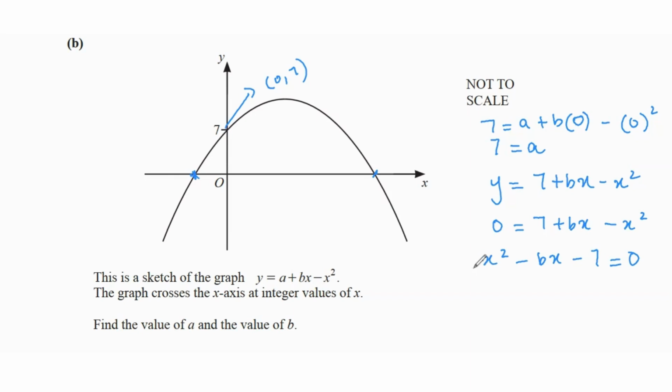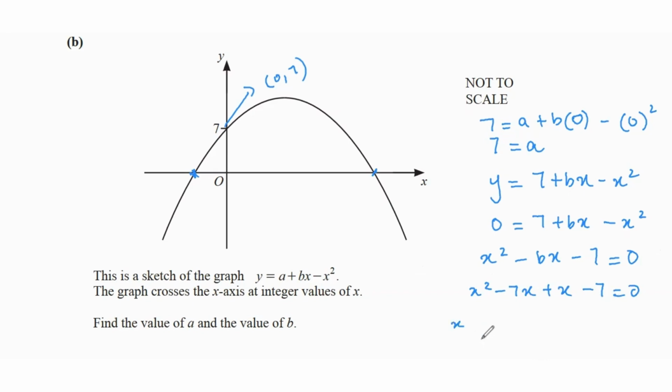So 7 times 1 is 7, and factors of 7 are only 7 and 1. So it's going to be x squared minus 7x plus x minus 7 equals 0. Then we're going to take x common, x minus 7, plus 1 common, x minus 7, which means it's x minus 7 times x plus 1 equals 0.